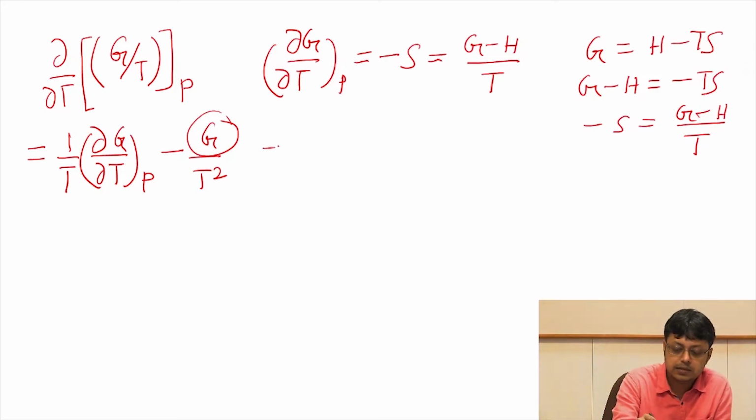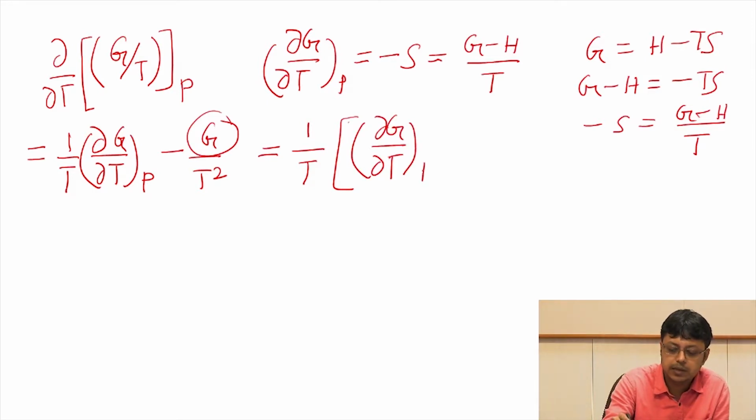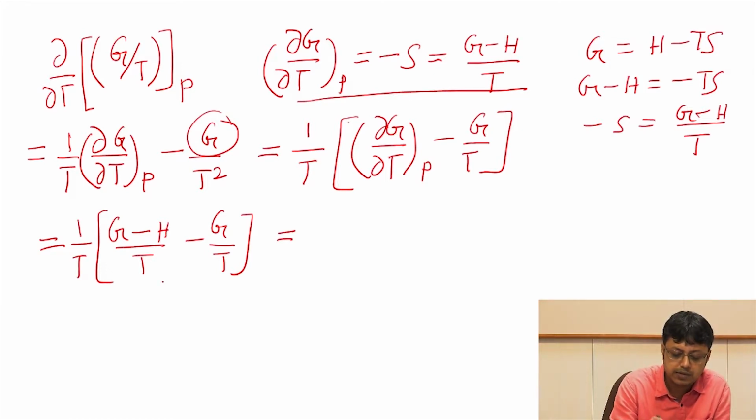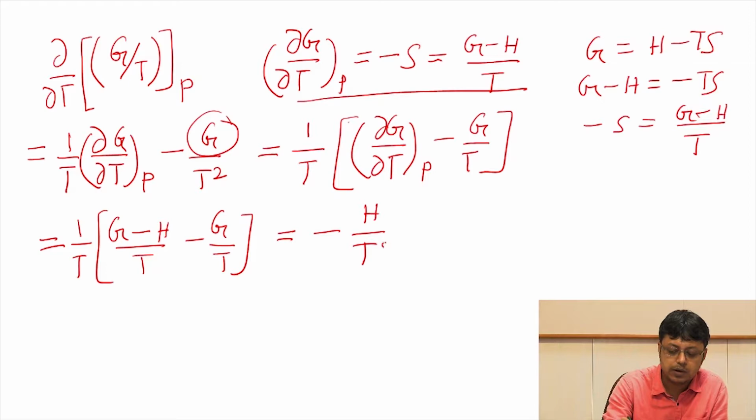Now if you put this in this equation, we can take 1 over T common, and then I'll have del G del T at constant P minus G over T. For del G del T at constant P, which is minus S, we just write G minus H by T, minus G by T. Then this G by T factor will cancel out, and we'll be left with minus H by T square.